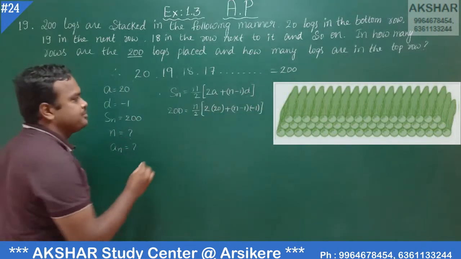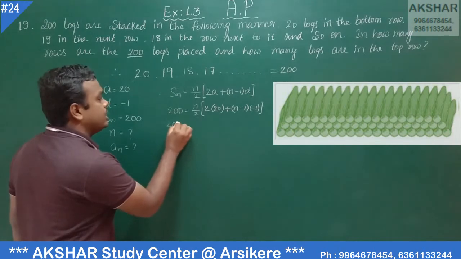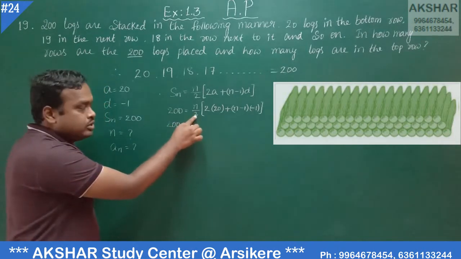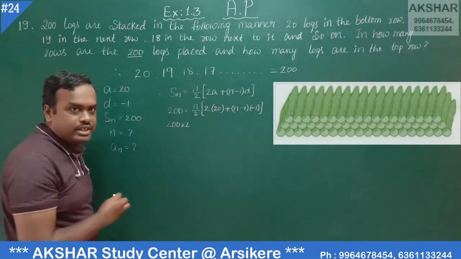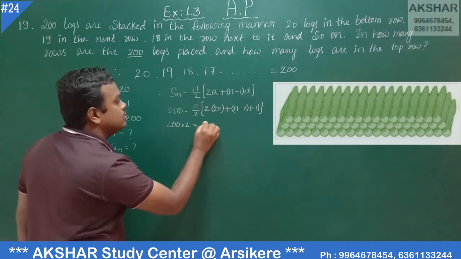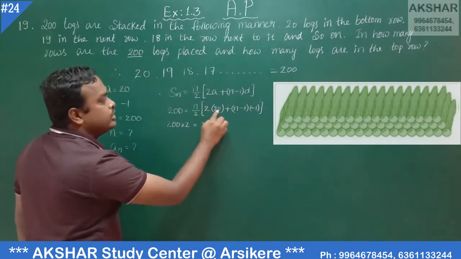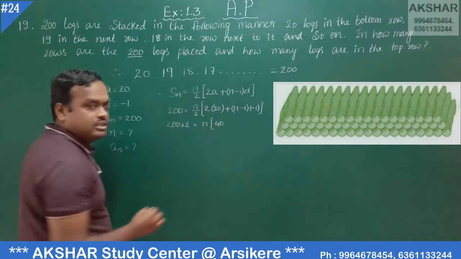Now simplify this. See here, 200, this divided by 2, if transferred to LHS, it will become into 2. 200 into 2 is equal to n into 2 into 20 is 40, clear.